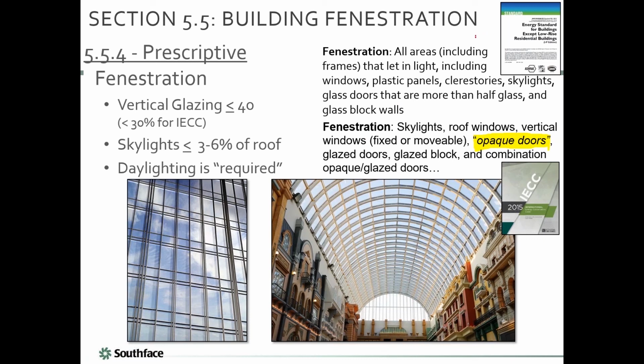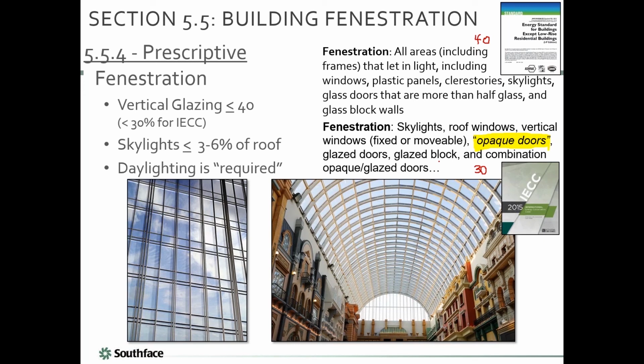ASHRAE allows you up to 40% glazing, and you can still be considered prescriptive. The other code only allows you 30%. So there's an example where it's a little bit more restrictive in terms of percent glazing allowed. Again, with ComCheck, you can actually do trade-offs and potentially get a higher percentage of glass because ComCheck lets you trade against the prescriptive.